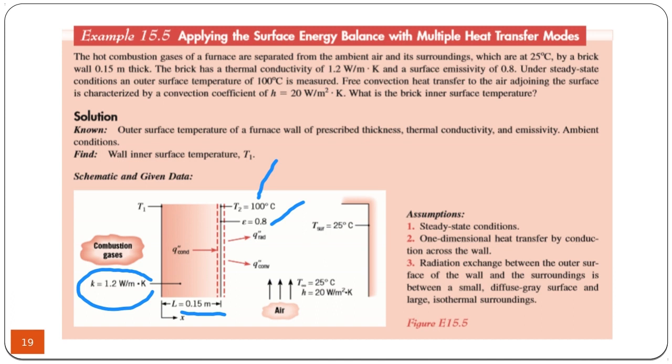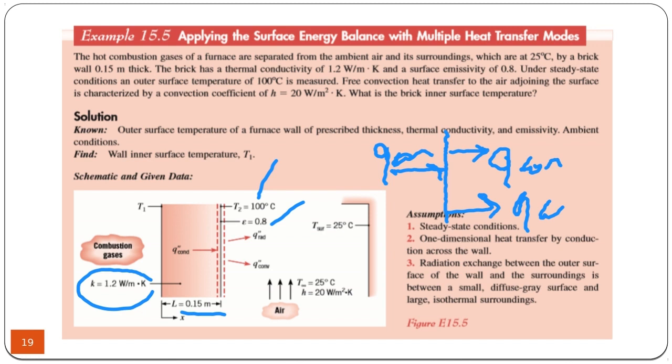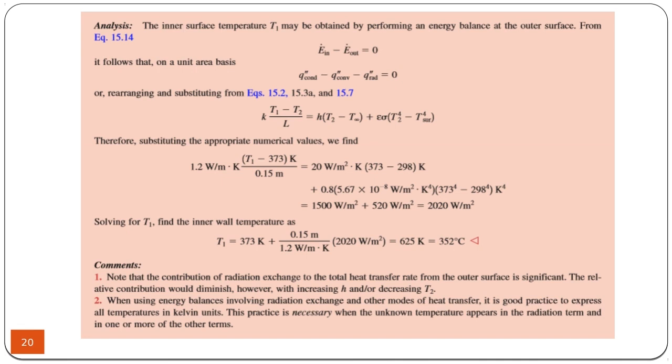Now, we will say that because the wall is a very thin surface, the conduction energy must be equal to the sum of the convection and radiation. So we will set equal the conduction inside the wall to convection plus radiation. So this is the equation.